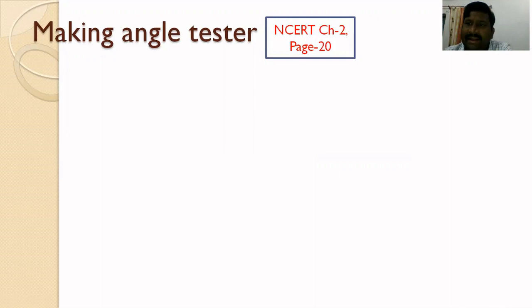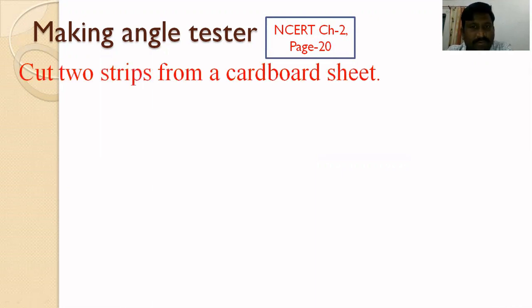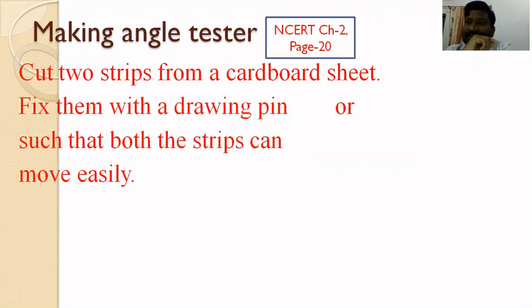Making an angle tester. It is on page number 20, chapter 2 of the NCERT book. So what do we have to do? Cut two strips from a cardboard sheet. Fix them with a drawing pin in such a way that both can move like this.